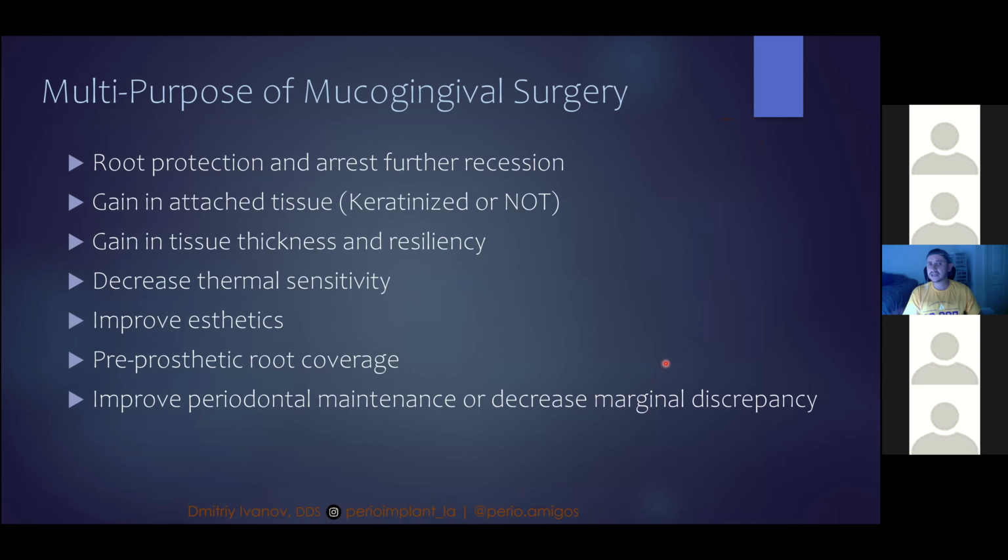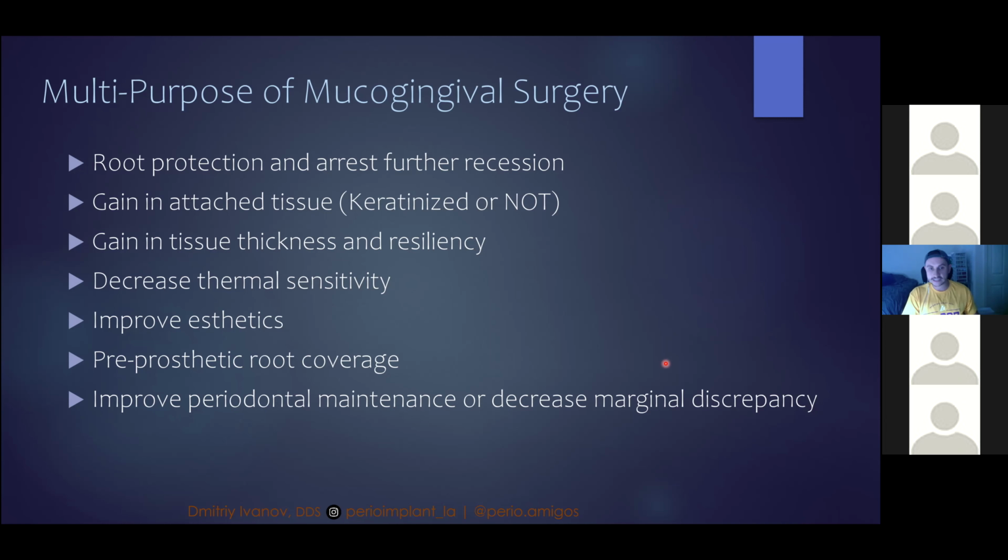So there's many reasons why we do the pharyngeal grafting procedures. Root coverage, right? We're gaining an attachment, as we already showed you guys how to gain attachment with a free gingival graft. Gaining tissue thickness to improve thickness of tissue, more connective tissue, whether it's around tooth or implant.